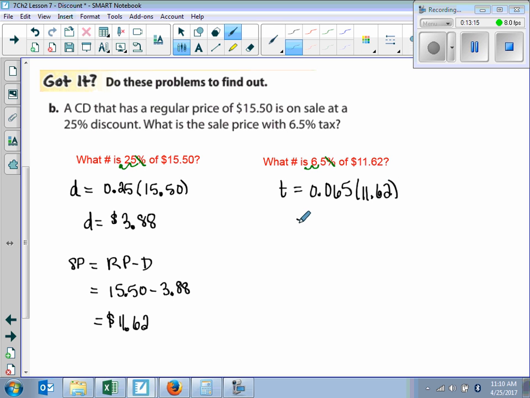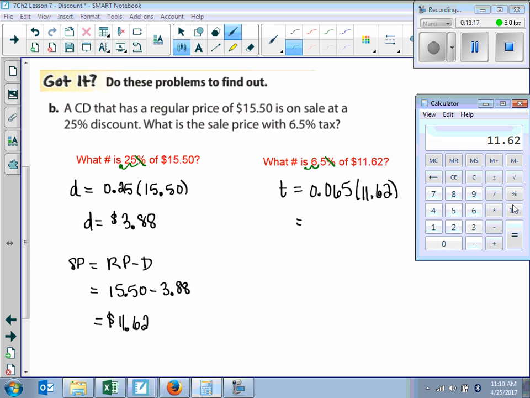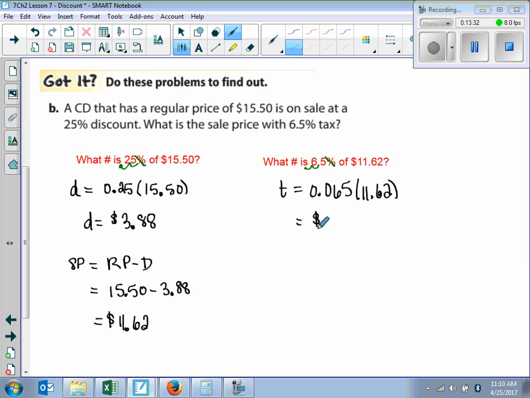So now we're going to multiply that 1162 times 0.065. And that's going to be, how much money is that? 76 cents. Very good. And this is how we write it, you guys. $0.76, and you do write your dollar sign there.